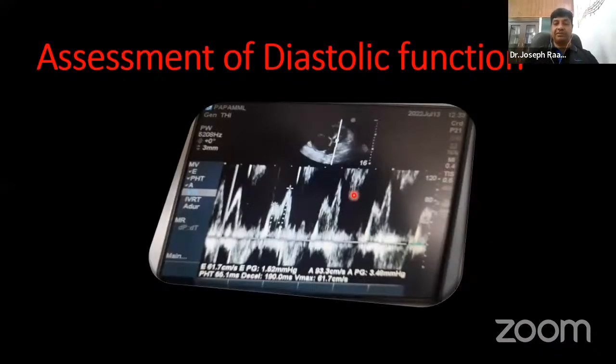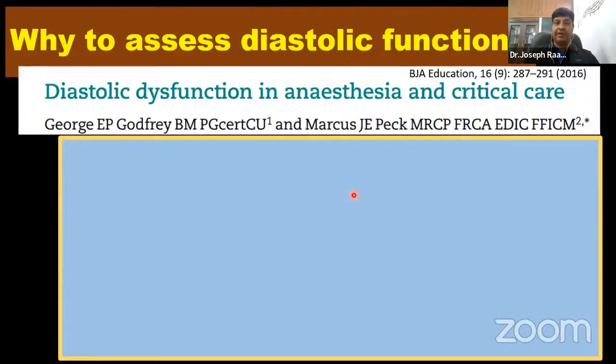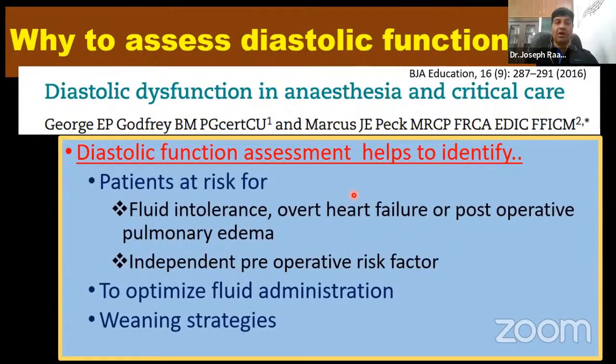We'll start with the assessment of diastolic function. We know the importance we give to the assessment of systolic function, but we don't give much importance to the diastolic function. That's very wrong, because the impact of diastolic dysfunction in anesthesia and critical care is well established.